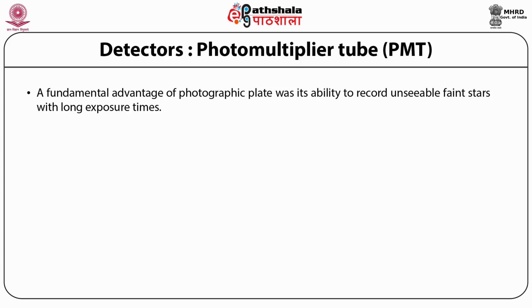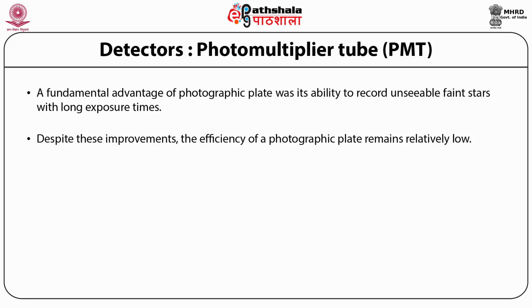Photography technology has evolved over the years with ever more sensitive emulsions and treatment techniques. Despite these improvements, the efficiency of a photographic plate remains relatively low. For every 100 photons that strike the plate, at best only 3 or 4 react with the silver sensors in the film emulsion to create the image.